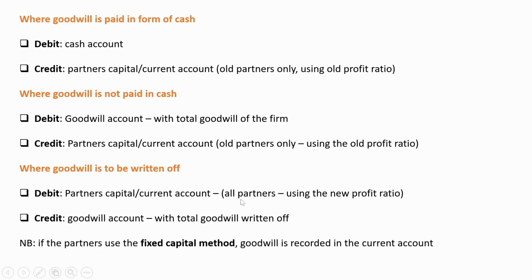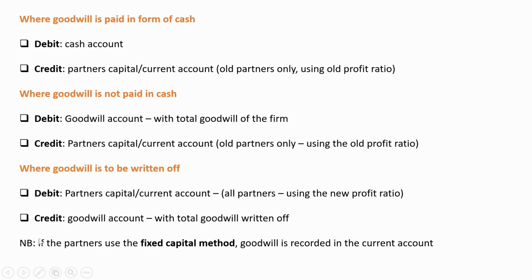This time it is to all partners, including the new partner. Instead of using the old profit ratio, here we use the new profit sharing ratio. So that is the difference between writing off and recognizing the goodwill. And then after you debit the partner's capital or current account, next you credit goodwill account with the total goodwill written off. So those are the entries we make in different scenarios.